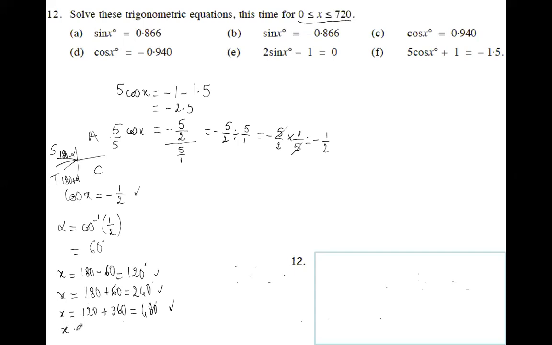You'd be surprised how many marks you can get with these kinds of questions. 240 plus 360, so 400 and 200, that's 600. And you've got 1, 2, 3, 4, 5 marks for just this problem there.